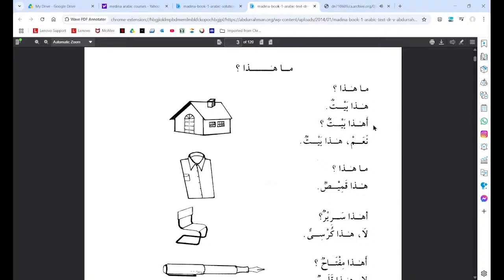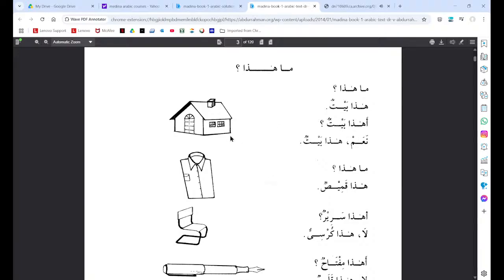Now when we see the hamzatul istifham, before we answer any question that this meaning is attached to, we must affirm or negate the question. So here it's asking, أهذا بيت?